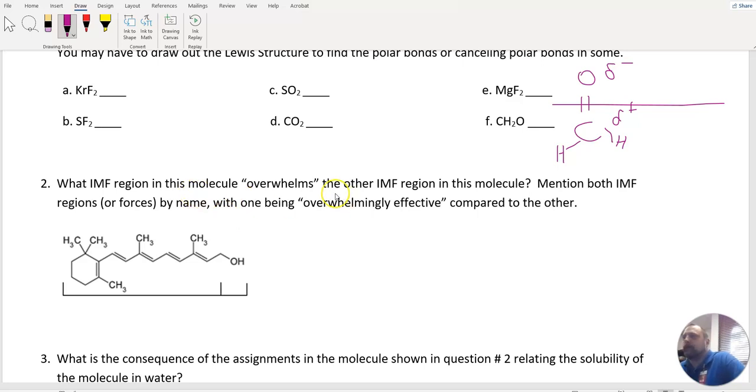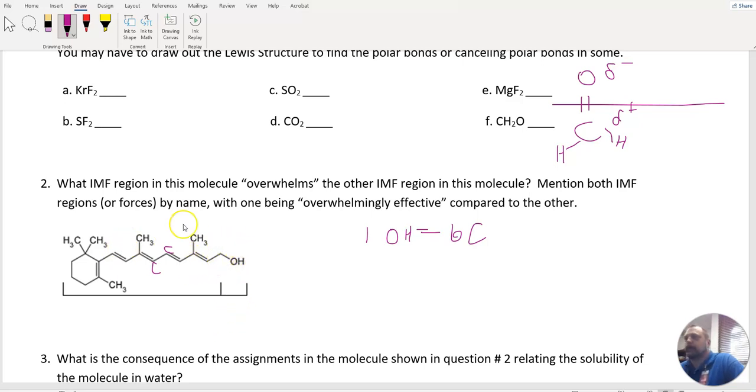All right, IMF overwhelms. We're looking for here one hydroxy group, one OH. We'll get 6 carbons to go into water. Be careful, there's a carbon at every intersection here. And so this actually has quite a few carbons and one OH.